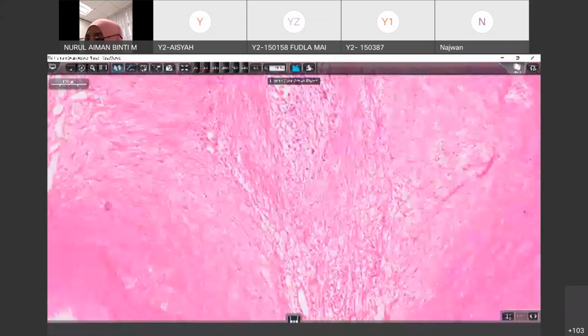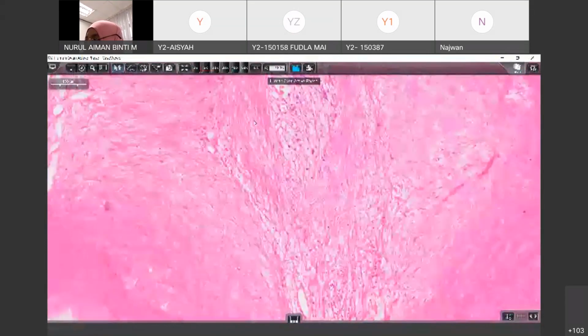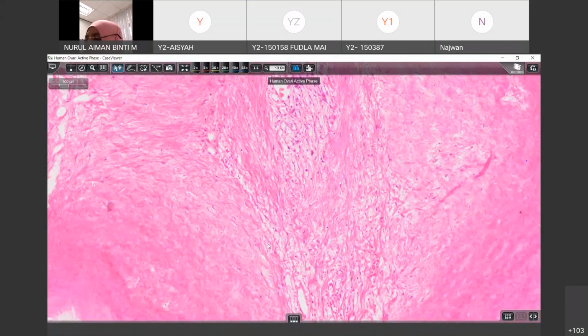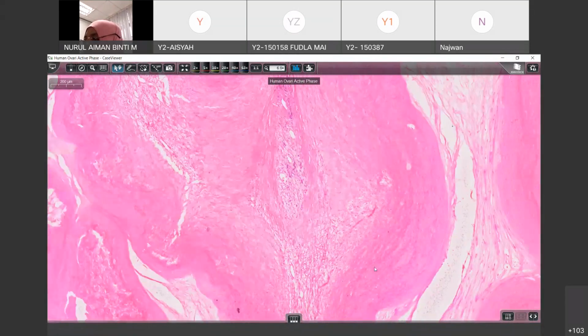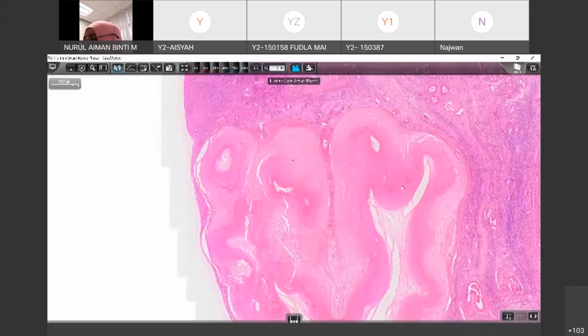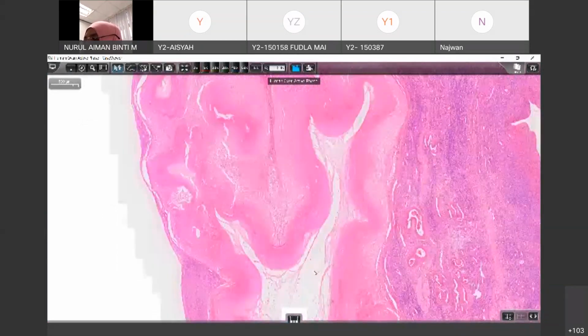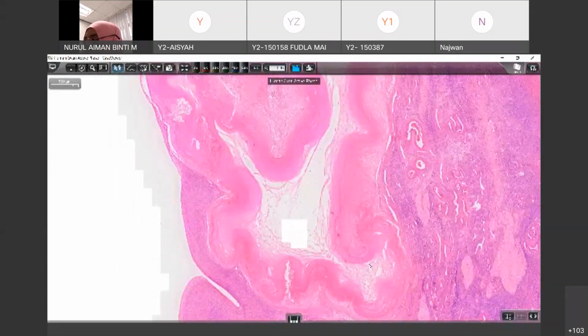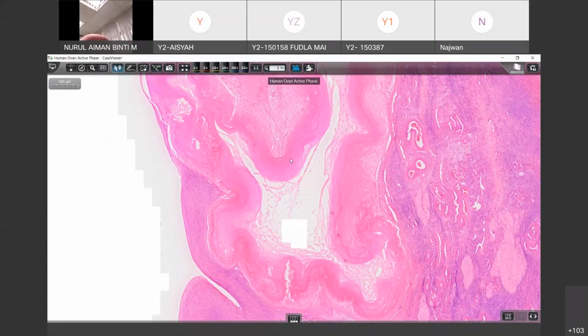It's not that nice a view, or not that clear, but this is a very large structure of the corpus luteum. So you can't see any oocyte inside. Left only with 2 layers of theca lutein, also the granulosa cells.